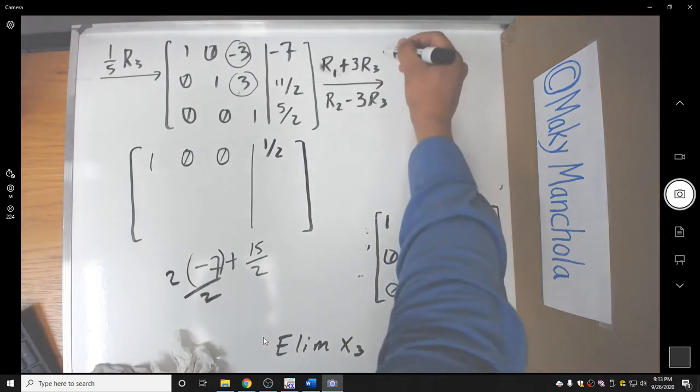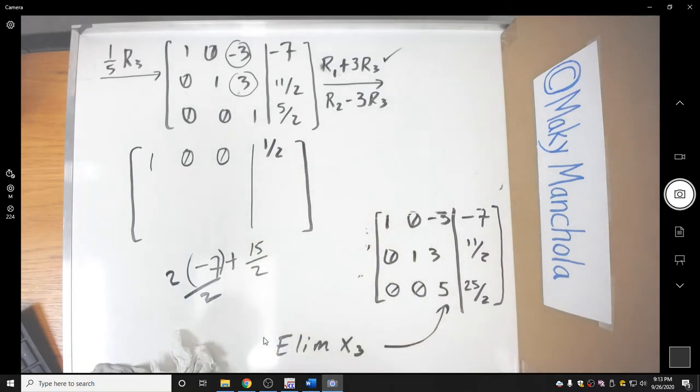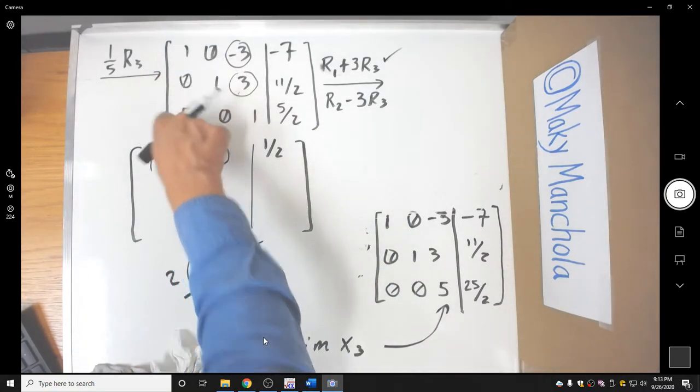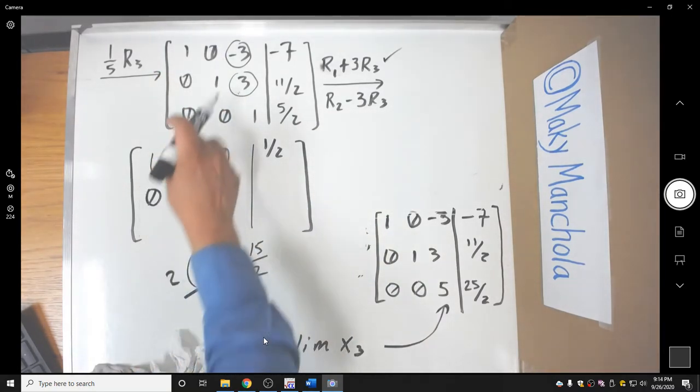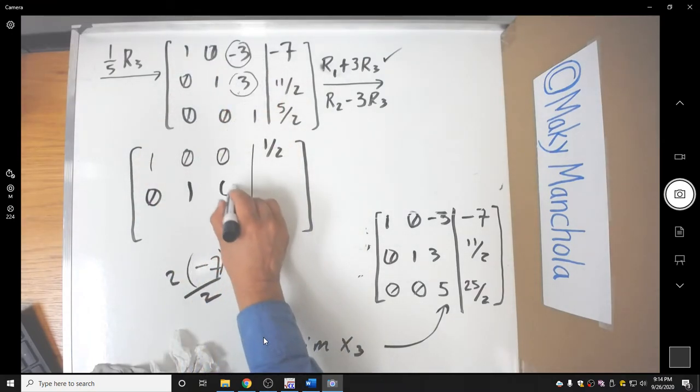Okay, got that. Now, row 2 minus 3 row 3. 0 minus 3 times 0 is still 0. 1 minus 3 times 0 is still 1. 3 minus 3 is 0.